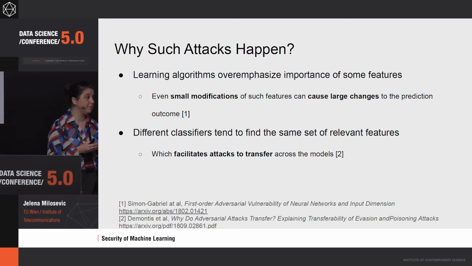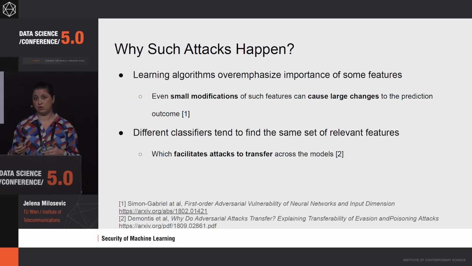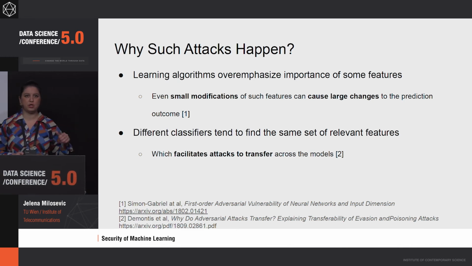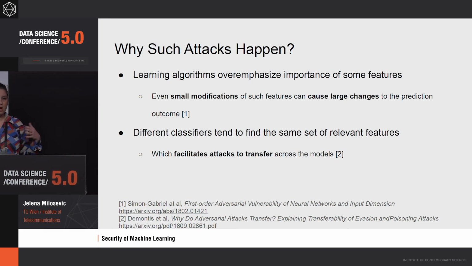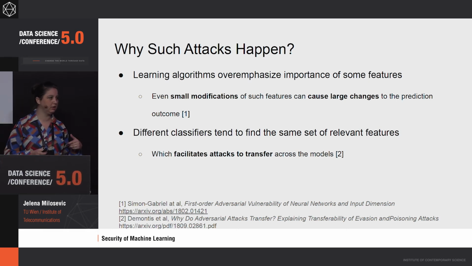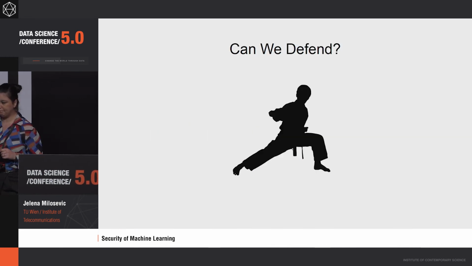So sometimes even small modifications on such features can cause big changes in the classification outcome. The other reasoning is also that although machine learning systems can be different, most of them somehow pick up a similar set of features. And this is basically the cause of the transferability among these attacks.